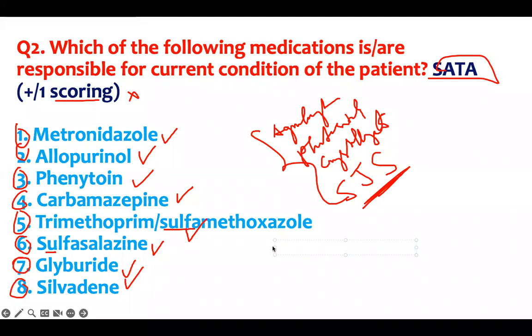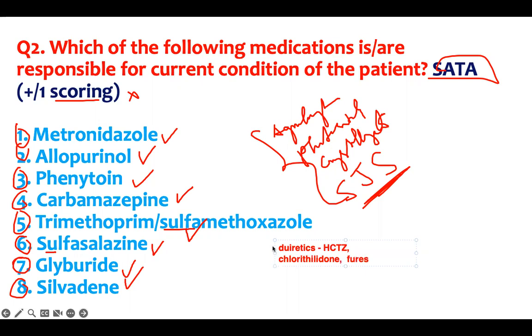Who do you think? Diuretics. They are also sulfa drugs. So hydrochlorothiazide is a sulfa drug, and chlorthalidone, which is a form of thiazide. It's also a sulfa drug.